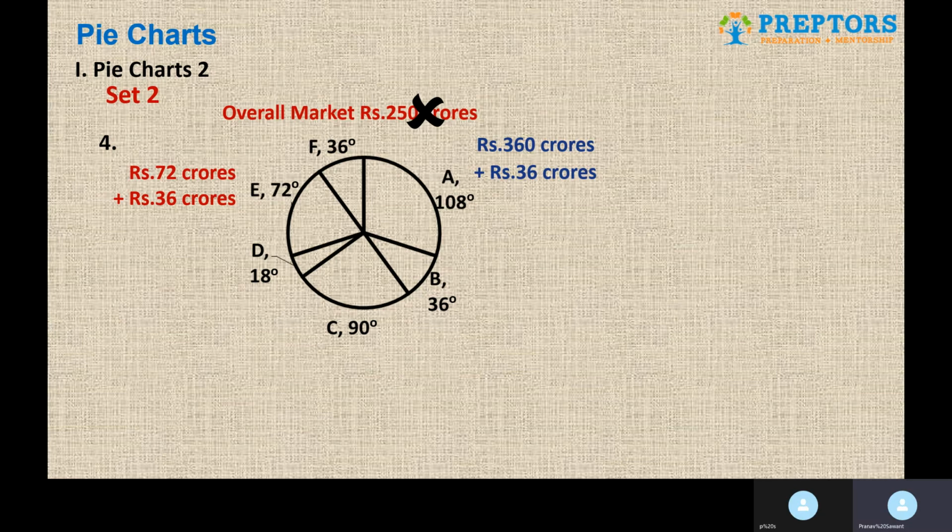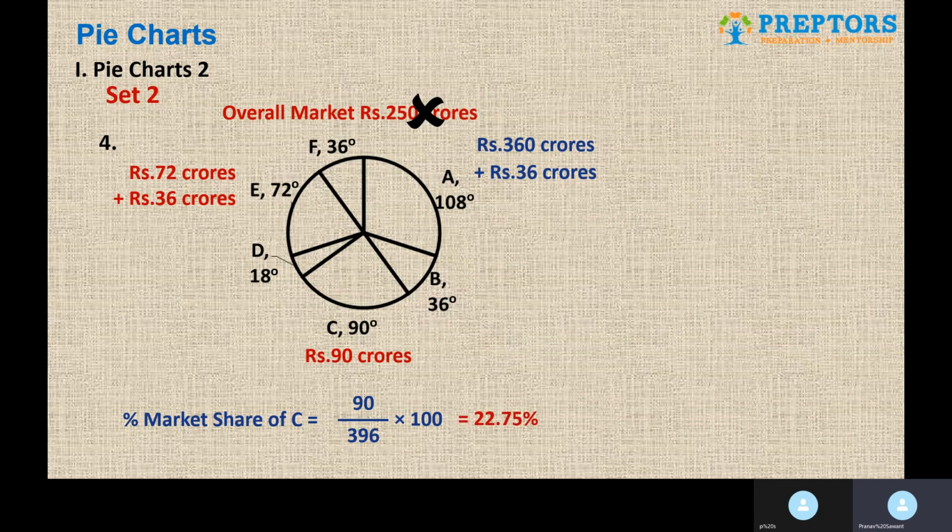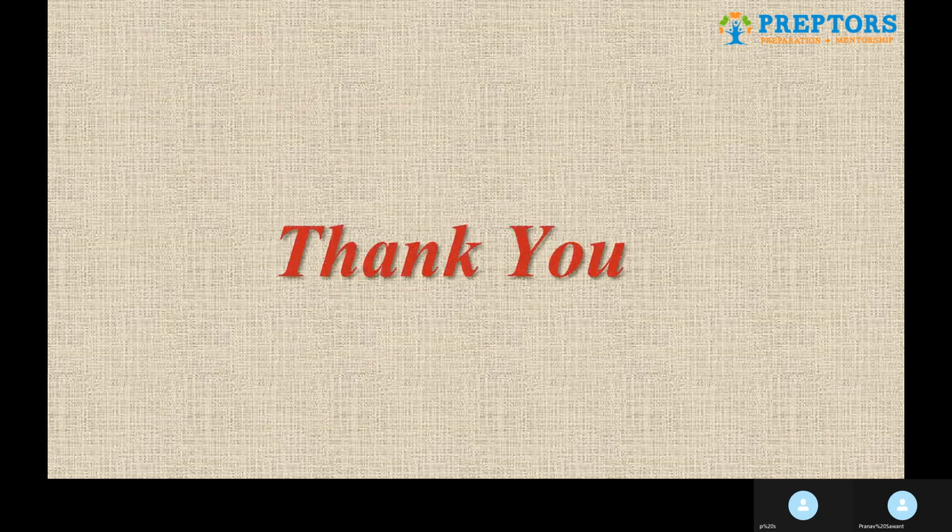So if one increases, the overall market will also increase. Now after it has increased, they are asking us what is the market share of C. So market share of C is 90 crores upon the overall market, that is 90 upon 396 into 100. So it's 22.75%. Thank you.